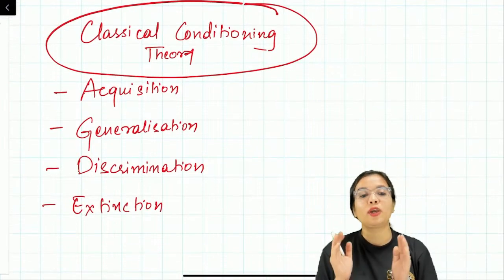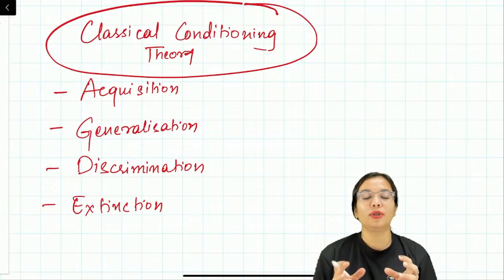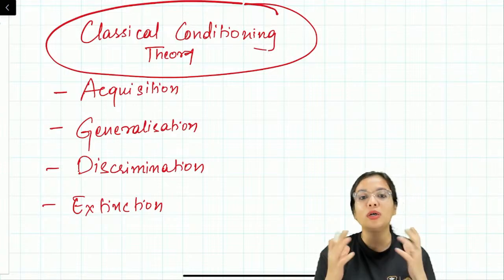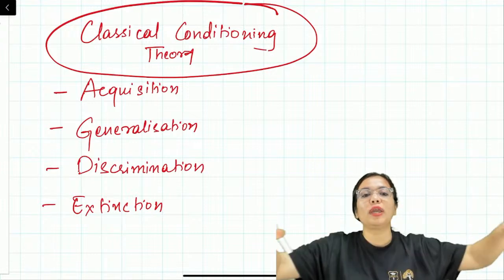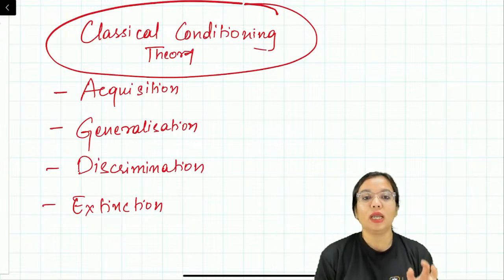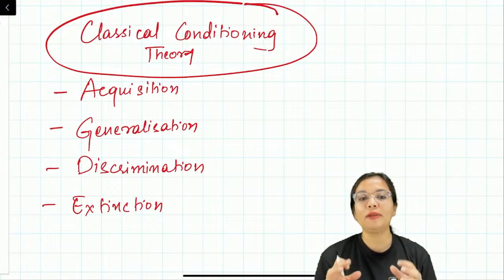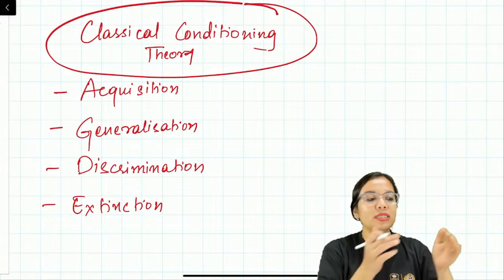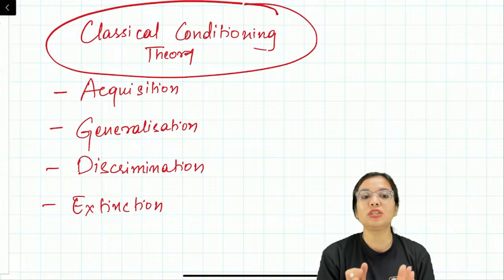Acquisition means to acquire a particular knowledge, like to learn something new. Generalization means to generalize that newly found information to everything that is similar. Discrimination is again attaining some new knowledge and being able to discriminate the different knowledge with different people. And extinction means complete disappearance of the fear that has been acquired earlier.